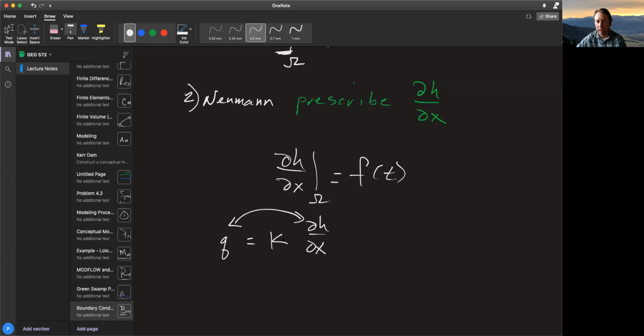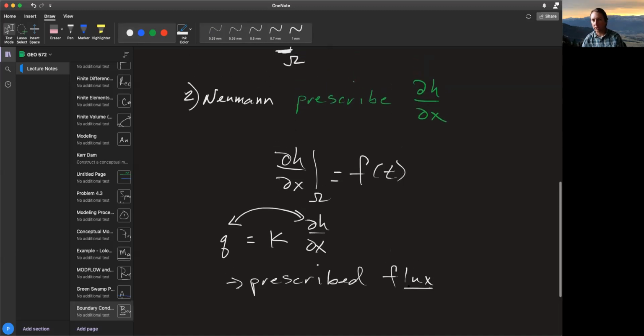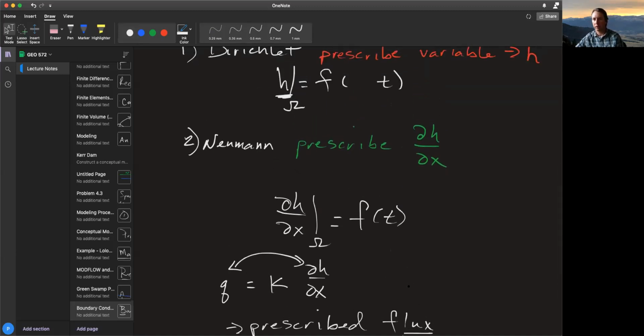If I prescribe the gradient and I know the hydraulic conductivity, I'm basically prescribing the flux. So in groundwater, we also often call this a prescribed flux. But really, mathematically, it boils down to this second type, we're prescribing the gradient.